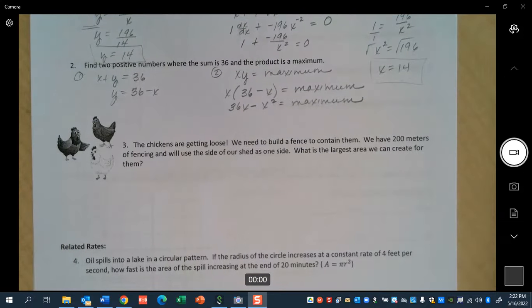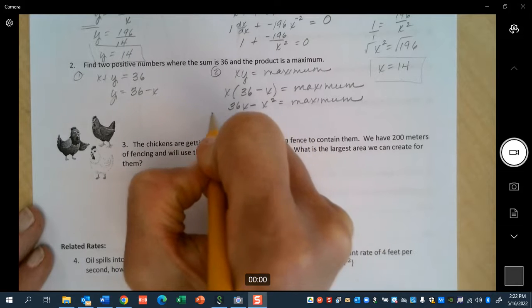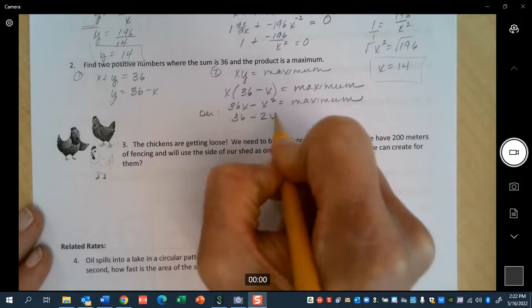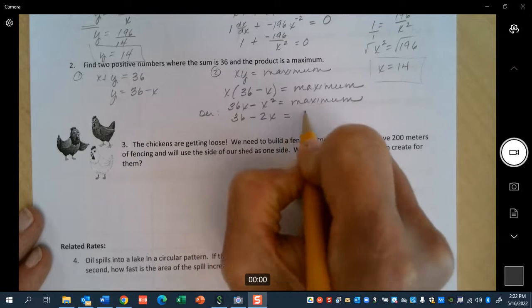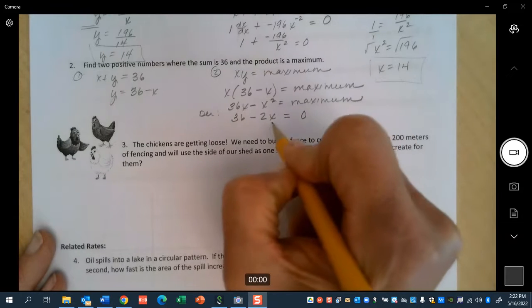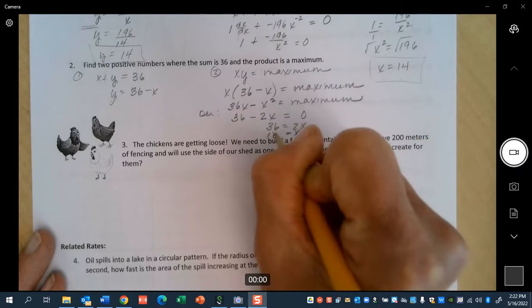By simplifying that, I made it so I don't have to do that math. When I go to take the derivative, 36 minus 2x, 36 is equal to 2x, x is equal to 18.